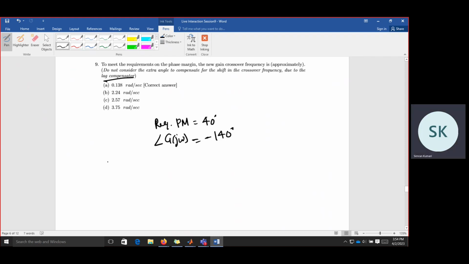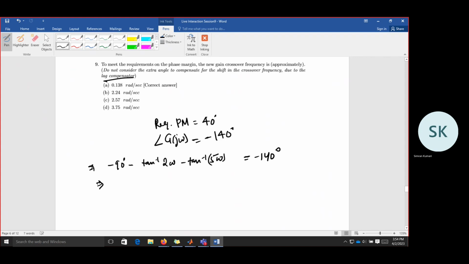We'll just apply this one. This will be minus 90 minus tan inverse 2 omega minus tan inverse 5 omega. And we'll try to find this omega for which this is minus 140 degree. You see, this is tan inverse 2 omega plus tan inverse 5 omega equal to 50 degree.